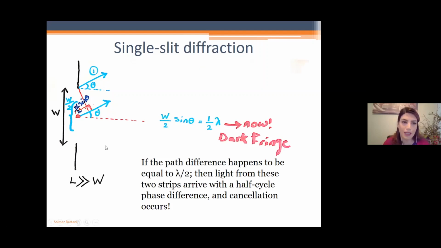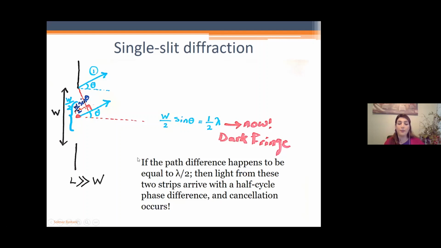So what happens is that, like we learned before, I can find the path difference between these two beams. If I draw the normal to this ray, then this small section here is W divided by 2 times sine theta, because this angle here is theta. So this is what you learned in interference.